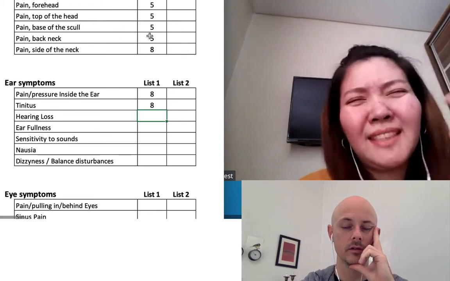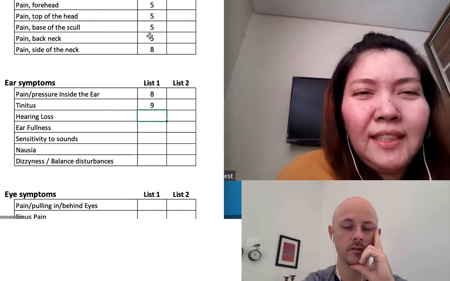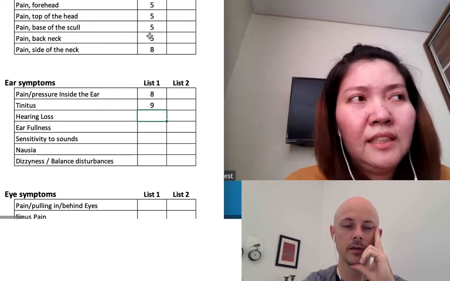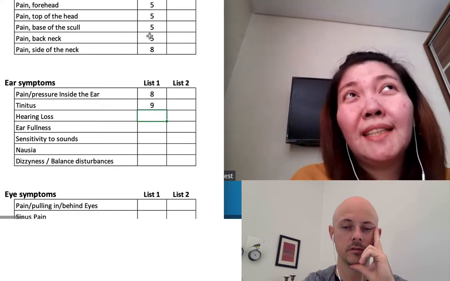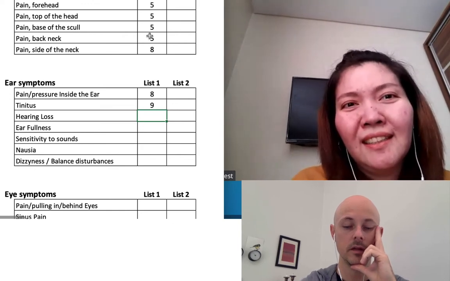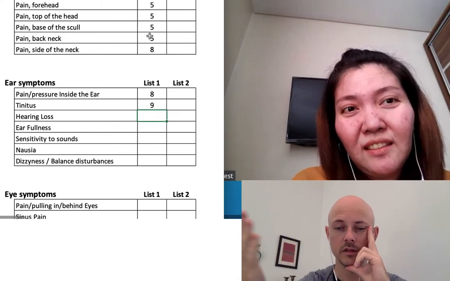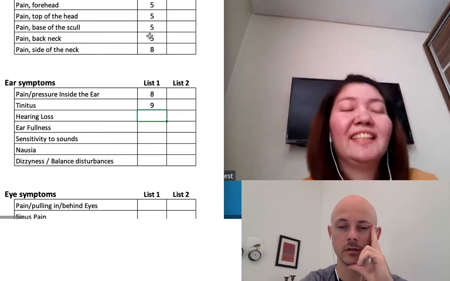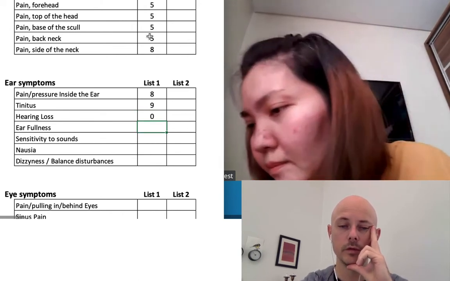Sometimes, I'll give it a 9. Tinnitus. And then we have hearing loss. I can tell, so I'll give it a 3. If you cannot tell, then I think you should give it 0, if it's nothing that you are aware of.